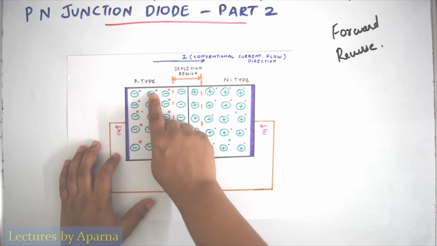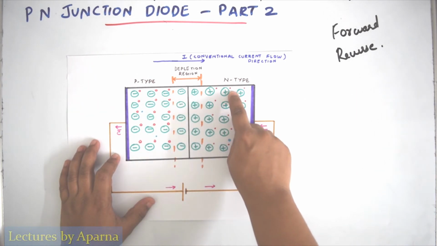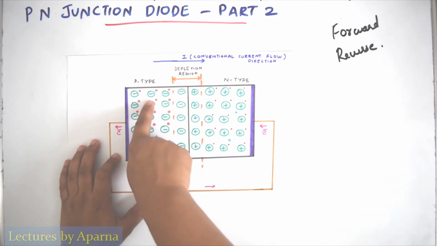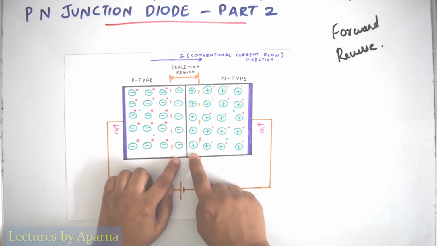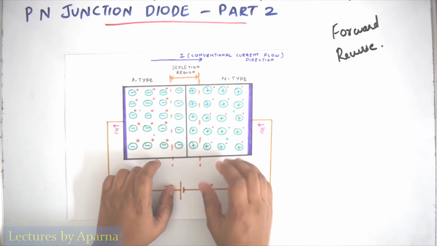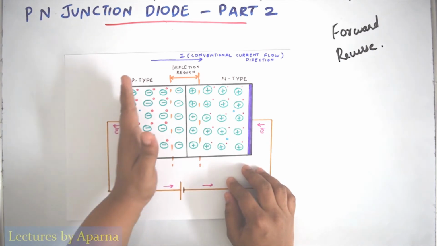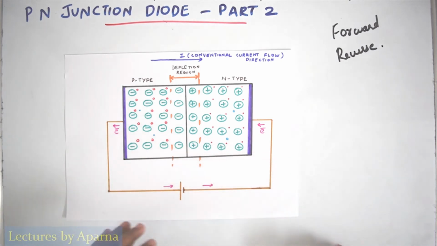So these holes will cross the junction and recombine with the electrons. These electrons will cross the junction and recombine with the holes. As a result, the depletion region starts to decrease. As the depletion region width decreases, more carriers will cross the junction and the current will increase.